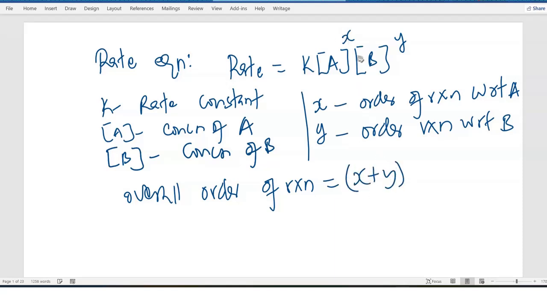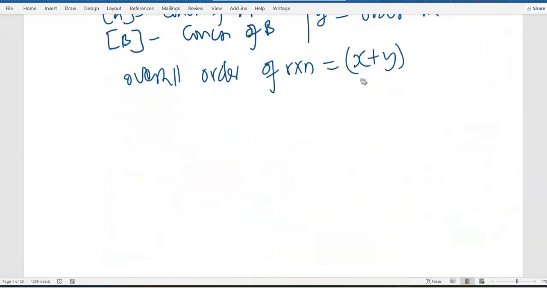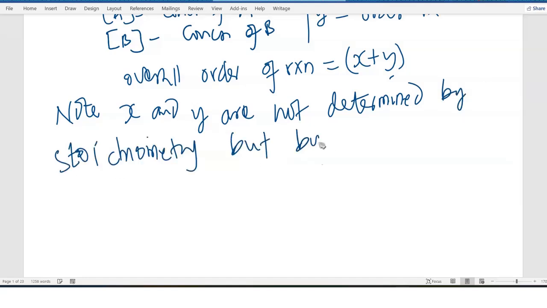You add the powers to which the different concentrations of the reactants are raised. Remember that x and y are not determined by stoichiometry, but are determined by experiments.